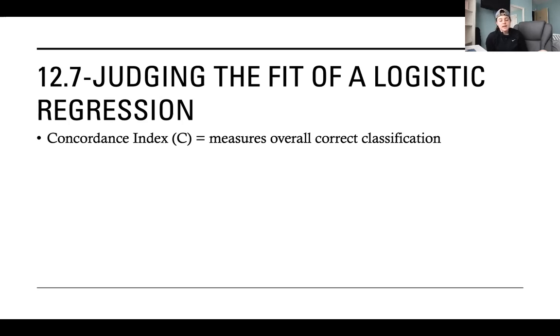So in the bankruptcy data, X1 and X2 were both found to misclassify one observation. So we're also going to have our concordance index, and this is going to be represented by a capital C. Our concordance index is going to measure overall correct classification.